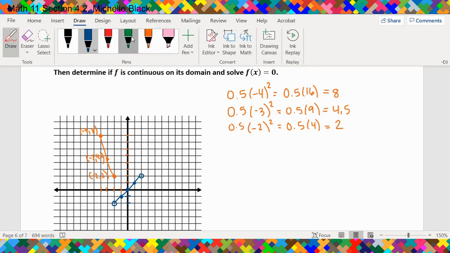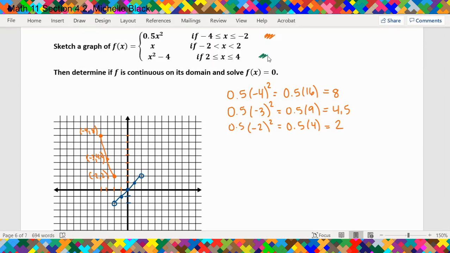And the last part of our graph, I'll do in green. The smallest value I can plug in is 2, so I have 2 squared minus 4, which is 0. So when I plug in 2, I get 0, and it's included, so I fill it in. I'll plug in 3, which gives me 5.